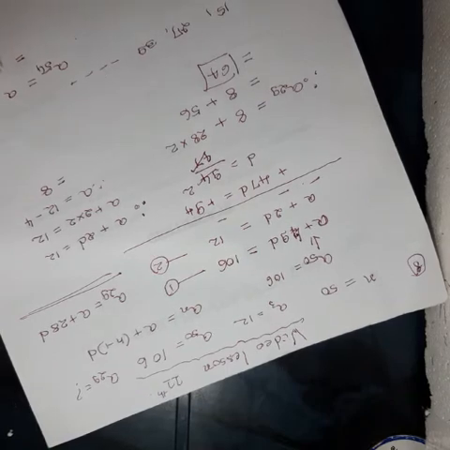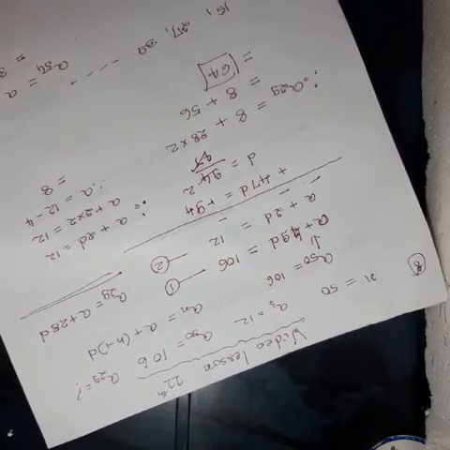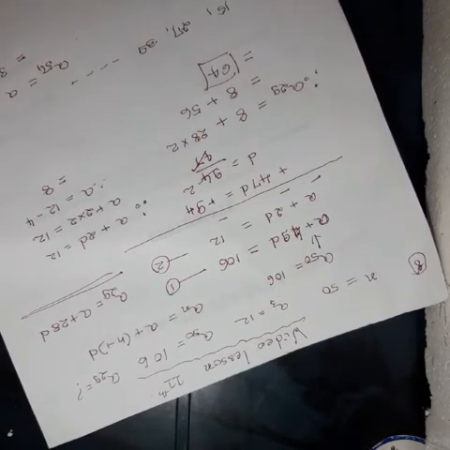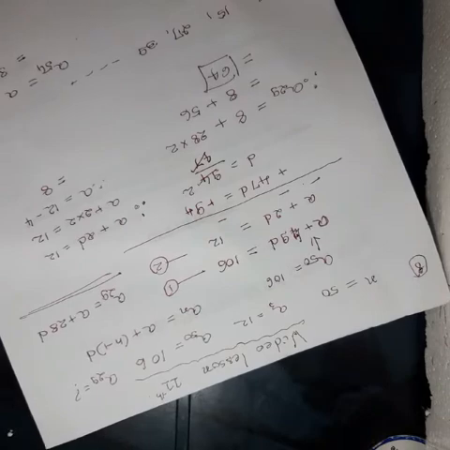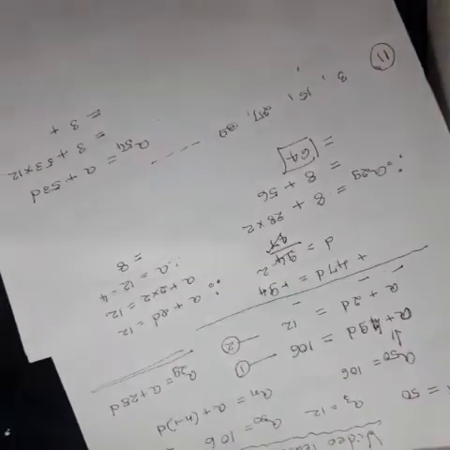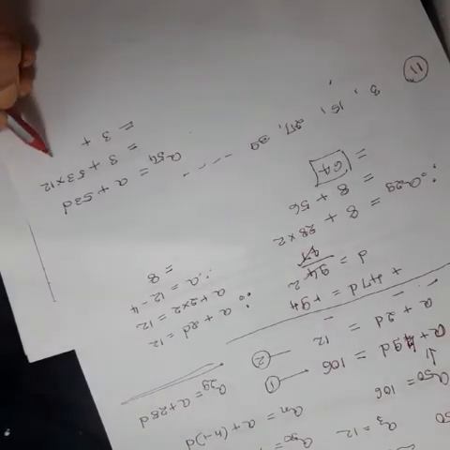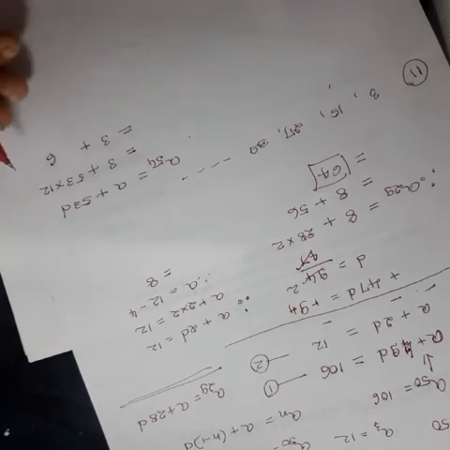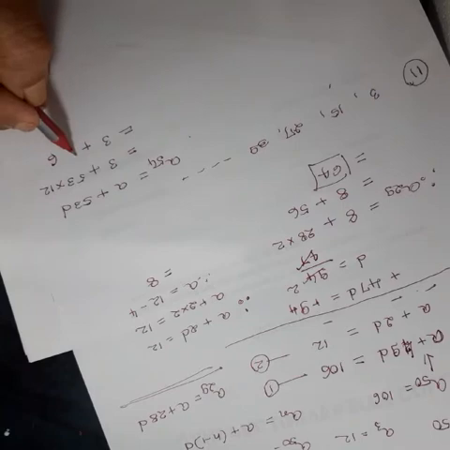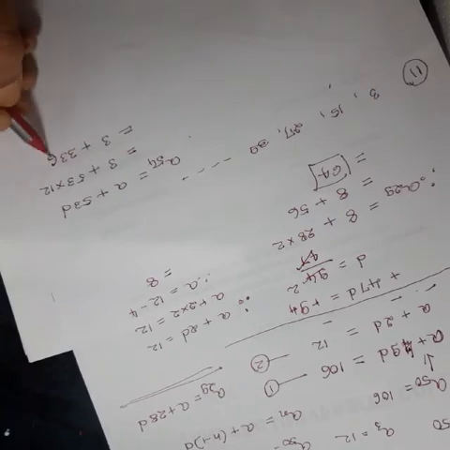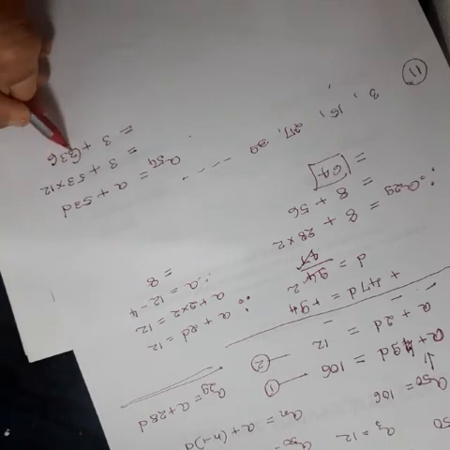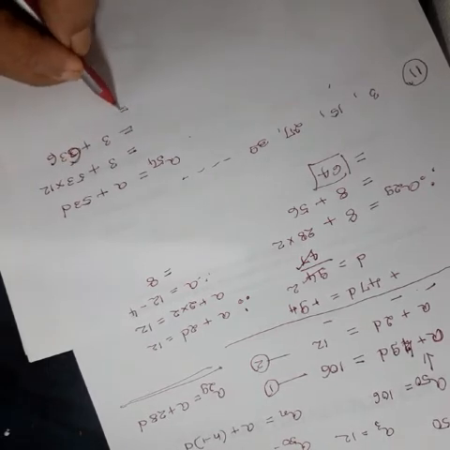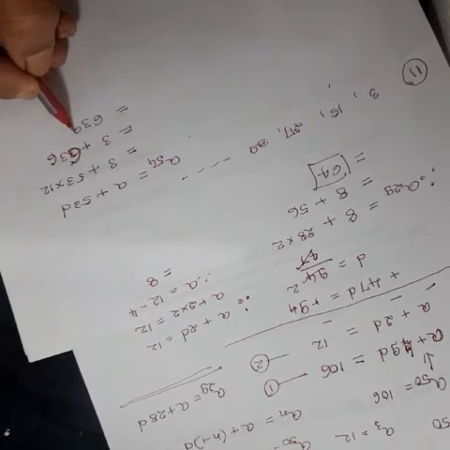So A54 is 3 plus 53 into 12, since 15 minus 3 is 12. So it is equal to 3 plus 12 3s are 36, 12 5s are 60, 636. Then you add it and you will get 639.